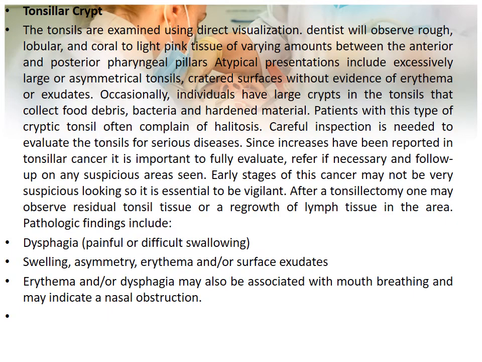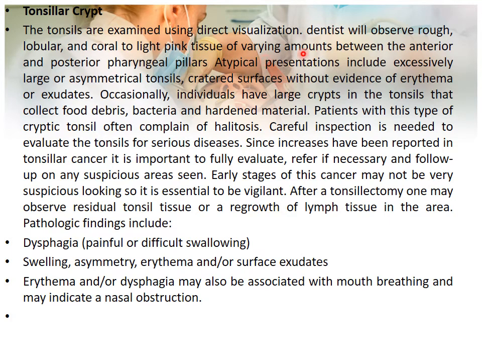Let's move to the tonsil. The tonsil is usually examined by direct visualization. Here the dentist should observe the rough, lobular, coronal, light pink tissue of varying amount between the anterior and the posterior pharyngeal pillars. Sometimes these are considered large or asymmetrical tonsils with cryptic surface, even without any evidence of erythema or exudate.